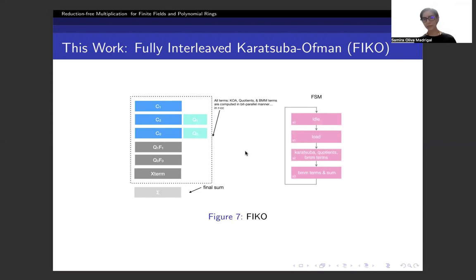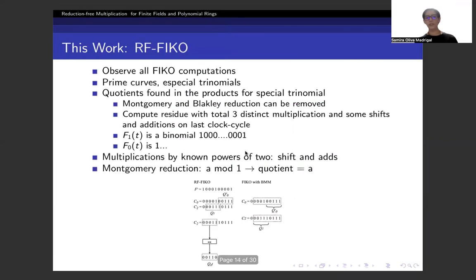From this, how can we develop a reduction-free version? Clearly we must somehow be able to get rid of the bipartite circuit. And this implies necessarily that there's some interesting arithmetic that allows us to do this. We must be able to get something for free.